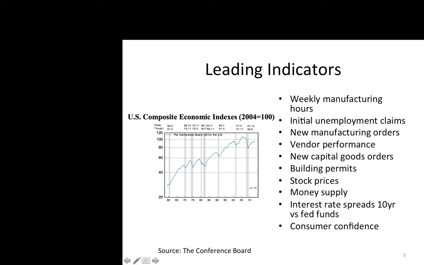The gray bars represent historical recessions. The general idea of the LEI is that this index tends to start trending downward before we have recessions, and it starts trending upward before recessions end, signaling troughs and therefore the bottoms of recessions.